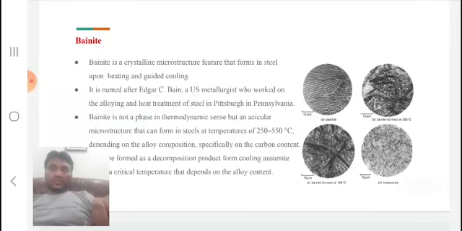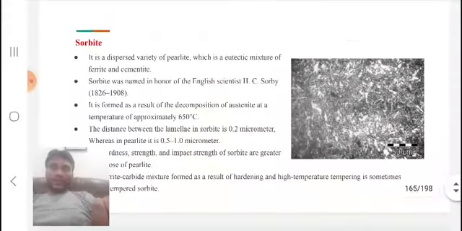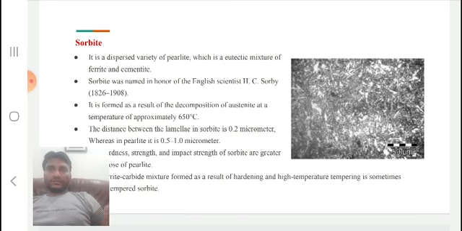So based on these structures we will have various studies to improve the mechanical properties.